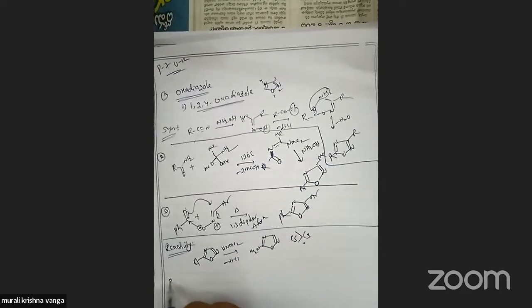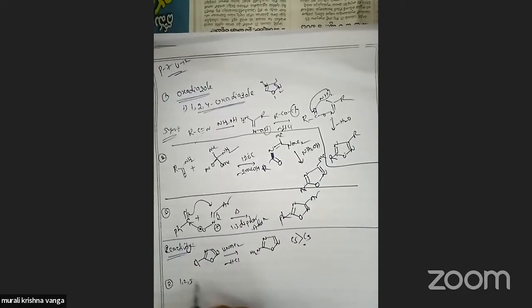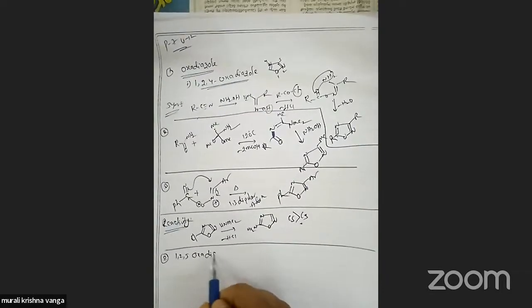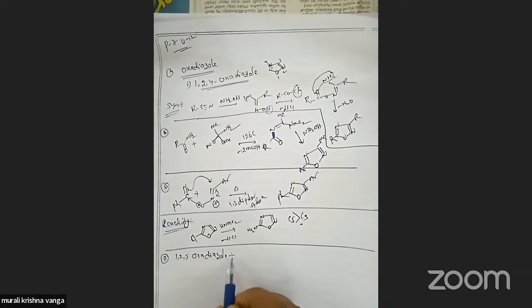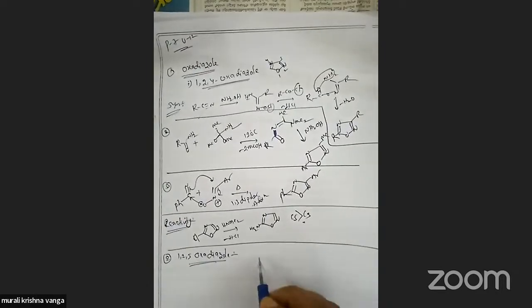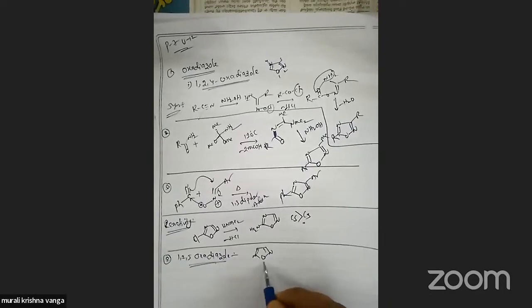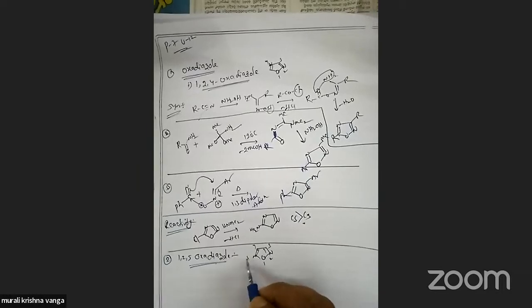The second one is 1,2,5-oxadiazole. What is 1,2,5-oxadiazole? Numbering 1, 2, 3, 4, 5.